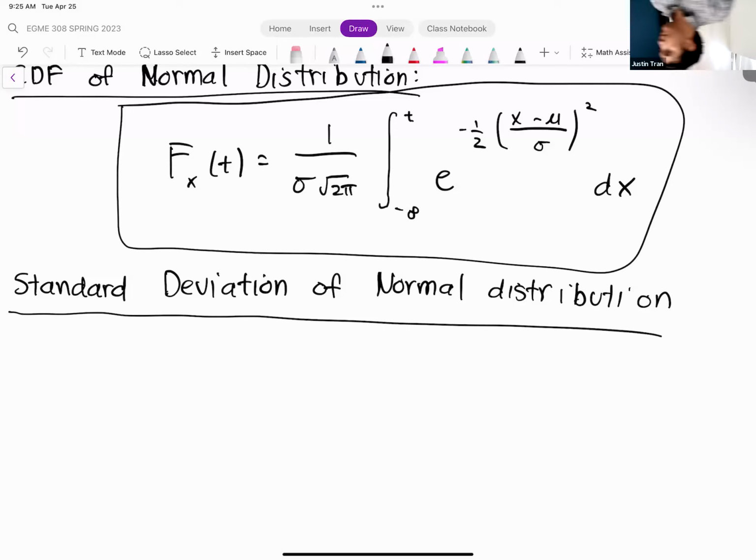Okay. So remember, one of the most defining characteristics of the normal distribution is that we have equal variance on both sides of the mean, right? So we're equally likely to be over the mean, and we're equally likely to be less than the mean, and that is given by the variance. The standard deviation, remember, is just the square root of the variance.